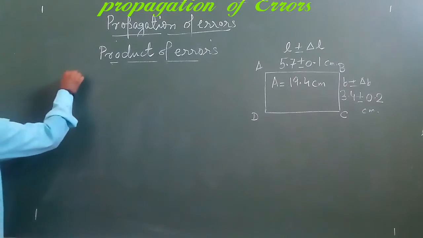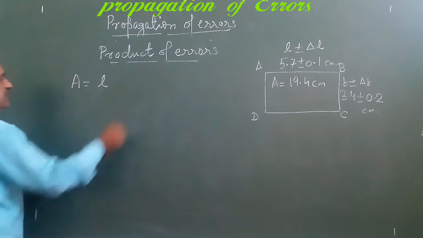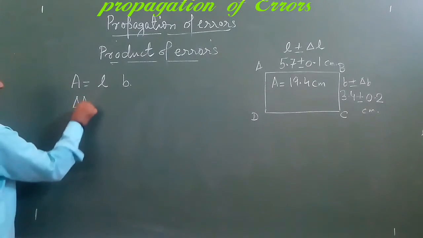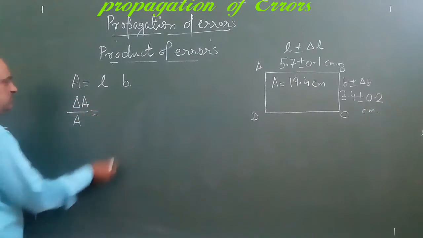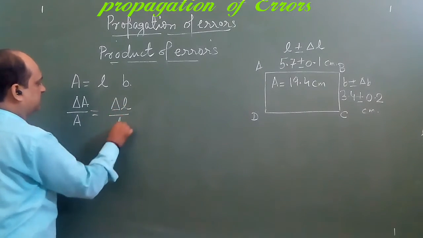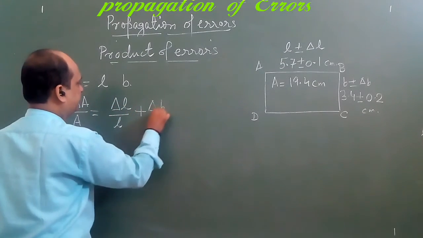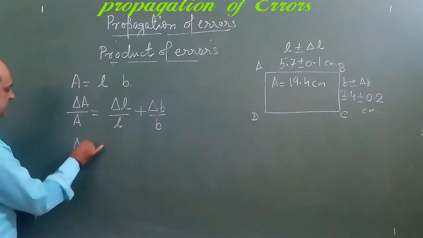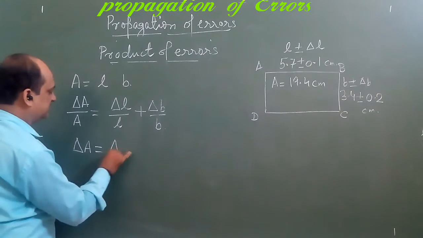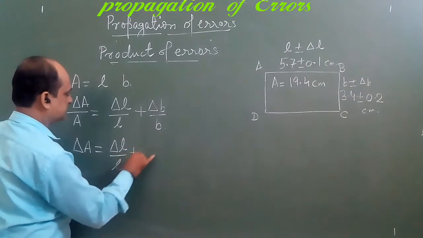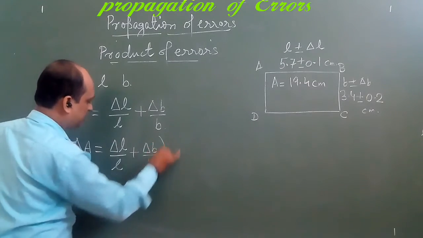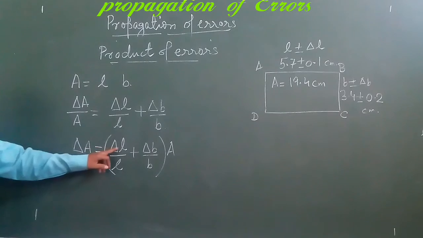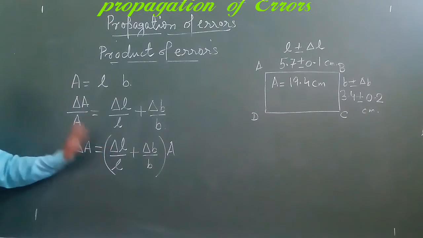So we can write, since A is equal to L multiplied by B, delta A upon A is equal to delta L upon L plus delta B upon B. Now from this we can write delta A is equal to delta L upon L plus delta B upon B, whole multiplied by A. Now we have all the terms on the right hand side known to us.